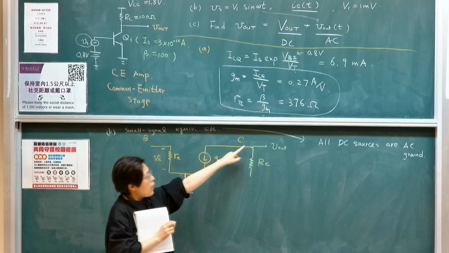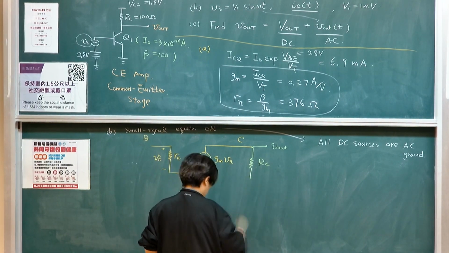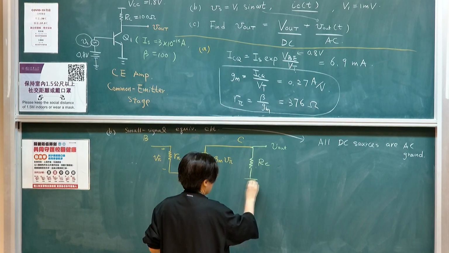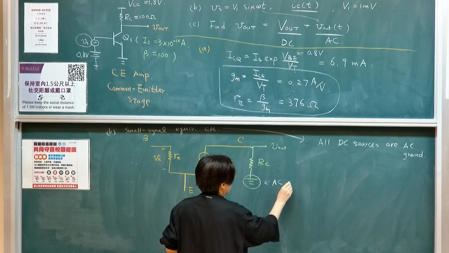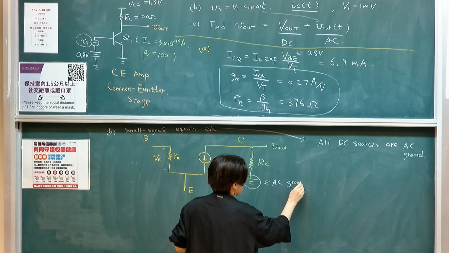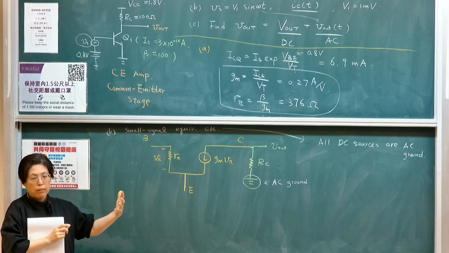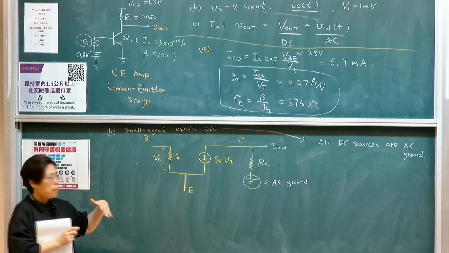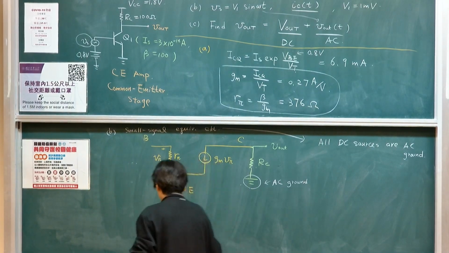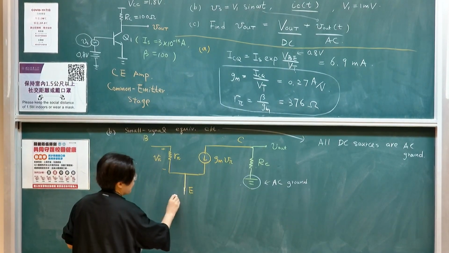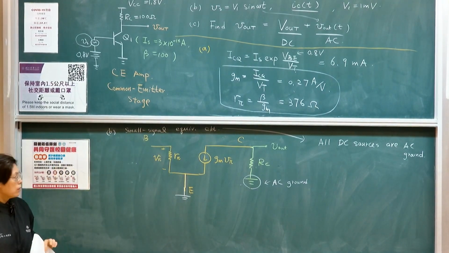If you look at this terminal, the collector is connected to this and connected to ground, correct? But this is not the real ground. This is typically referred to as AC ground. If you look at the circuit, it's VCC, but for AC signal, it's a ground because it doesn't move with time. So this is referred to as AC ground. And your emitter is really ground, it's a real ground because my emitter is grounded.